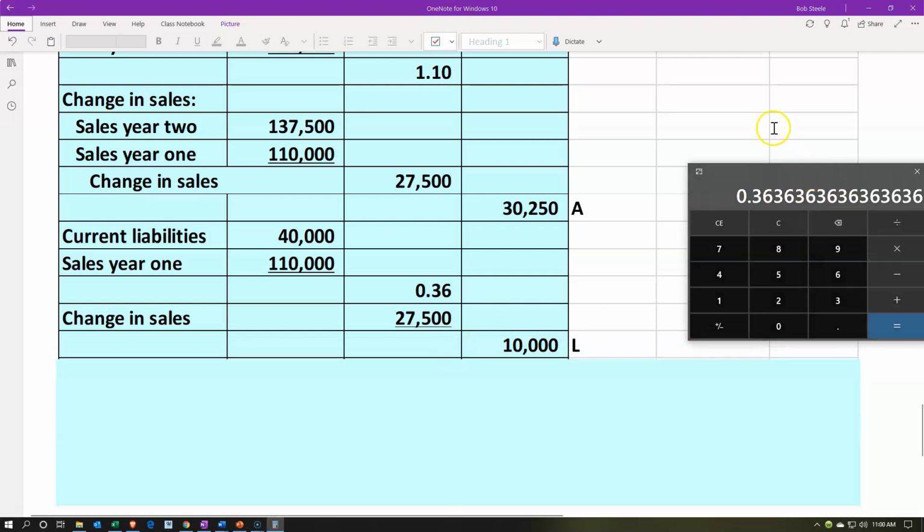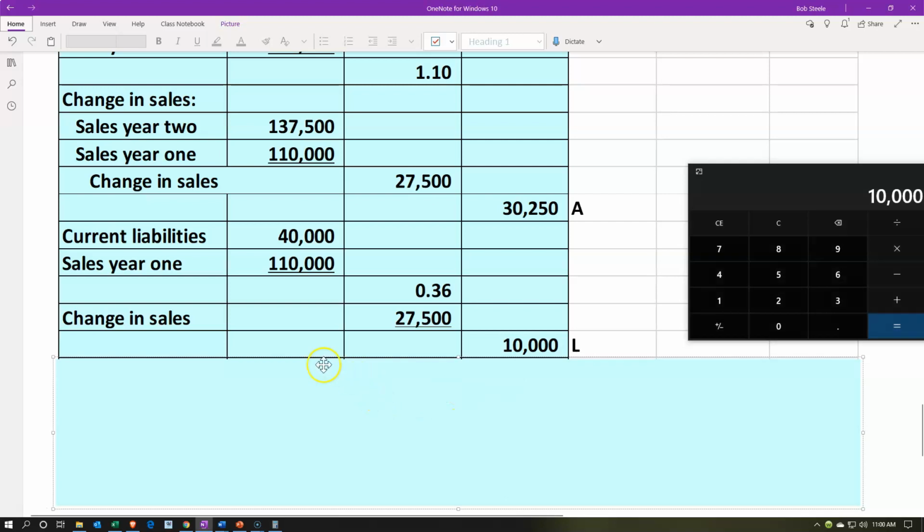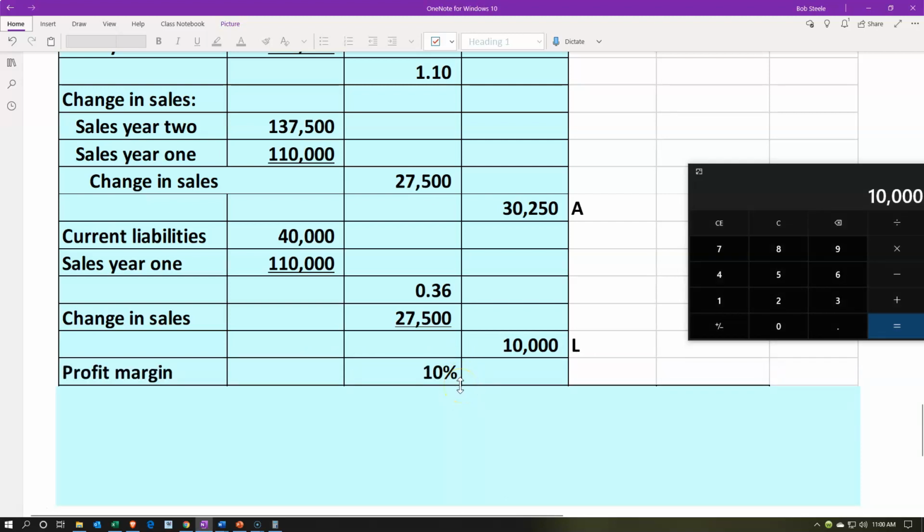So I'm going to say times the 27.5 is going to give us our 10,000. So that's going to be our increase in the liability. So we're going to say, all right, well, assets are going to go up. Liabilities are going to finance that increase in the assets by 10,000. Is equity going to pick up the rest of it, or are we going to need financing?